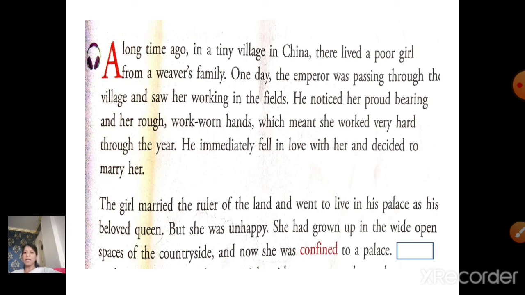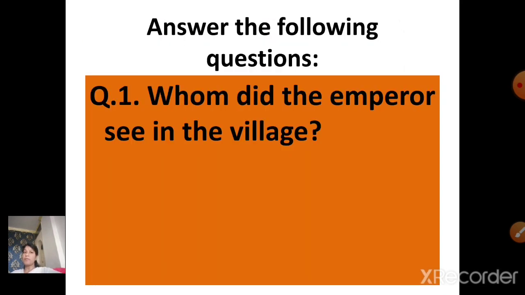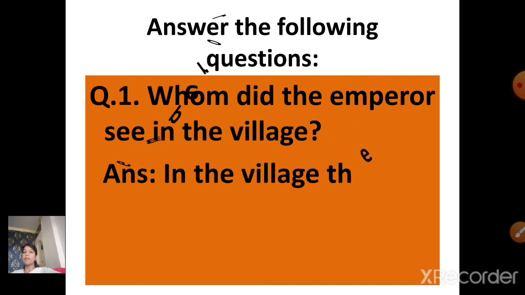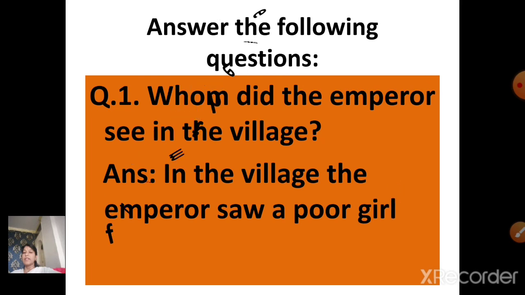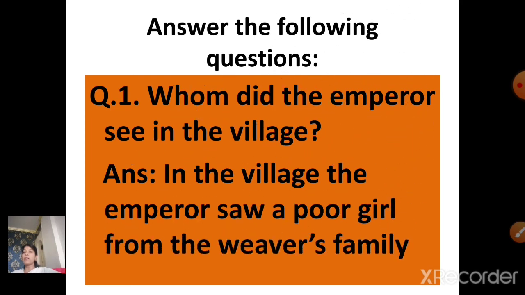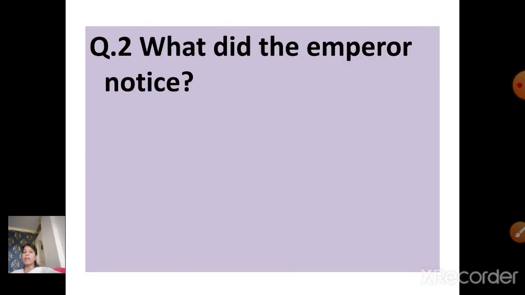Children, I hope this part is clear to you. Now answer the following questions. Whom did the emperor see in the village? Yes, in the village, the emperor saw a poor girl from the weaver's family. Next question.